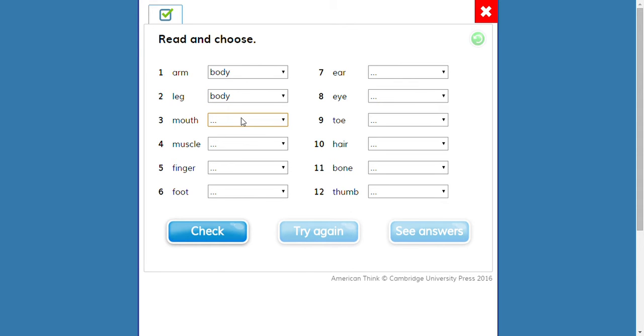Mouth, face, perfect. Muscle, body, face, or body and face. Body or body and face. Okay, you say body, no problem. Finger, body, face, or body and face. Body. Foot, body and face? No, your foot is a part of your body that you use to walk. Okay, body. Now let's check.